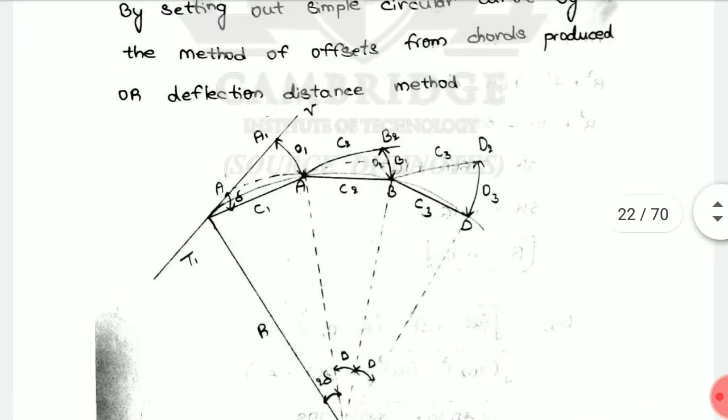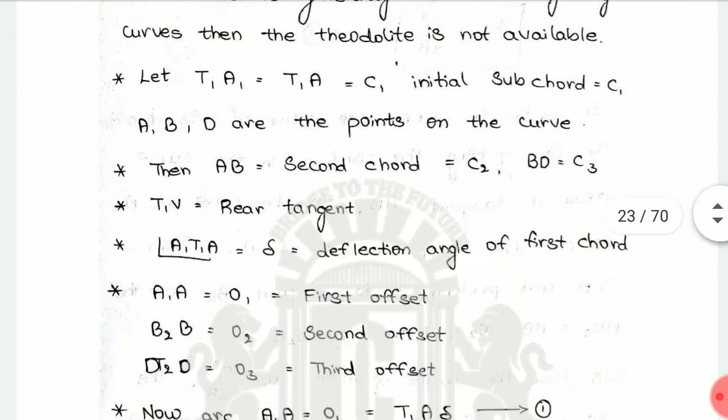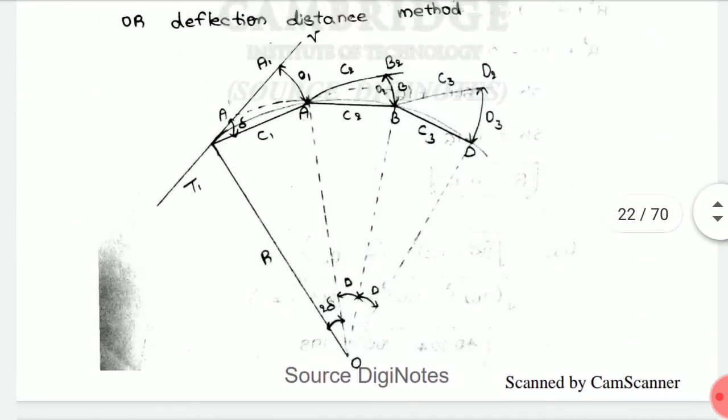So I know the intervals. Now I will draw the chord for the intervals, that is T1 to A, A to B, B to D. From that chord I will draw the offsets. Then AB is the second chord, small c2, BD is the third chord, small c3. T1V is the rear tangent, angle A1 T1A is delta for the first subchord and the first interval of the curve.